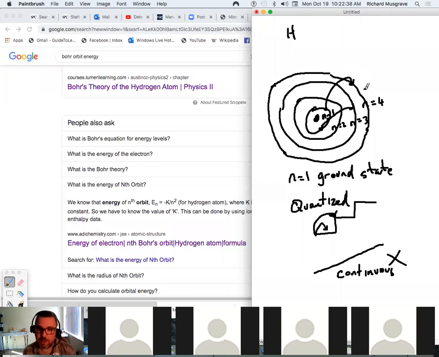So we've put enough energy in to get it out to the 4th energy level. Now, it requires energy, of course, to go from the ground state out to a higher energy level. And then what happens is that the electron can actually fall back to the other energy levels. It can fall back by 1, it could fall back by 2, so it can go from n equals 4 to n equals 2. And when it does that, it releases energy, and it does that by releasing a photon. And that photon is going to be a certain frequency of light.